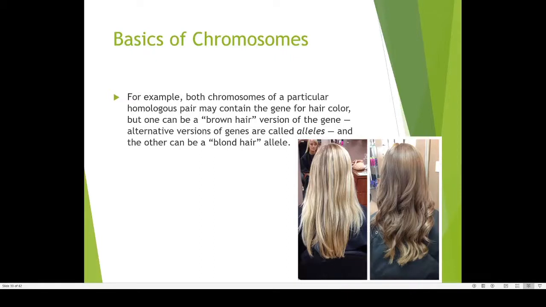So this is one way for you to determine the traits that you are able to inherit. So you might be able to get these traits, but they did not manifest. That's the example I've been giving again and again.